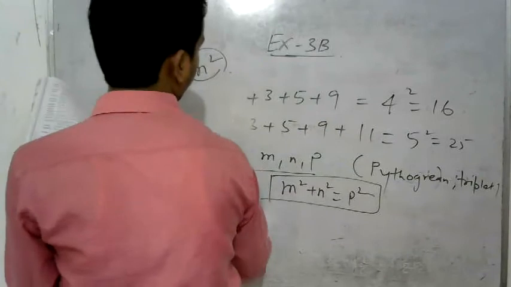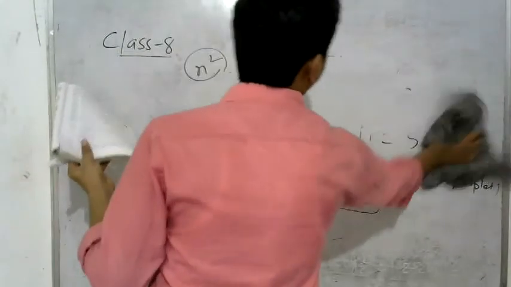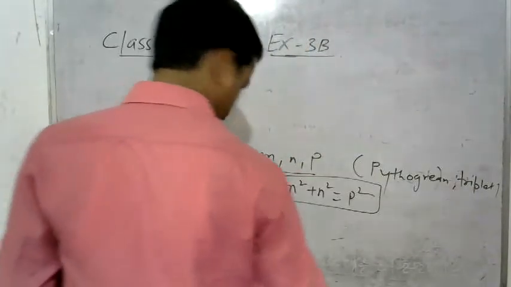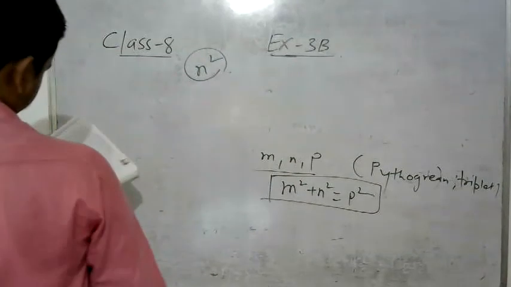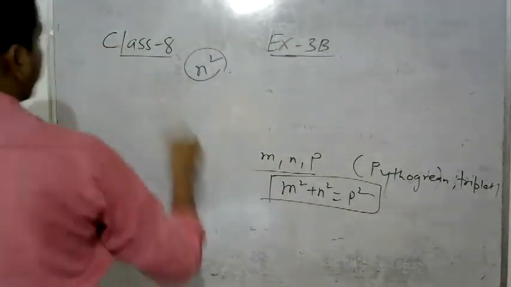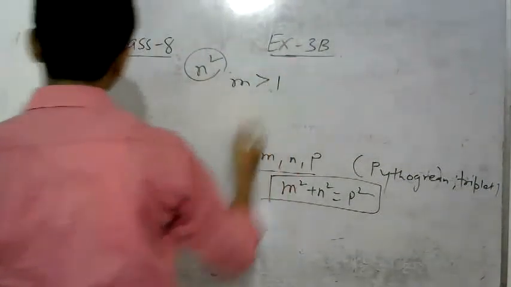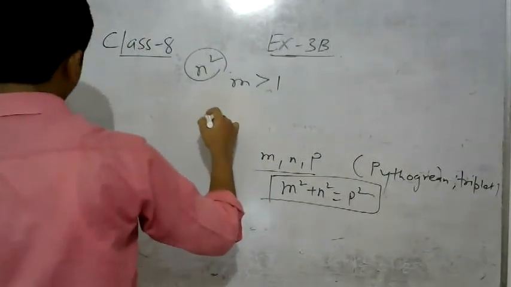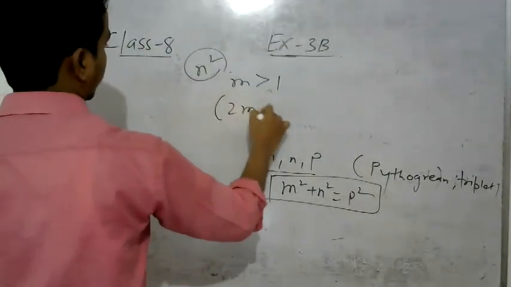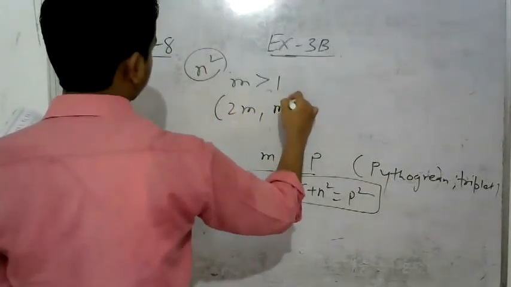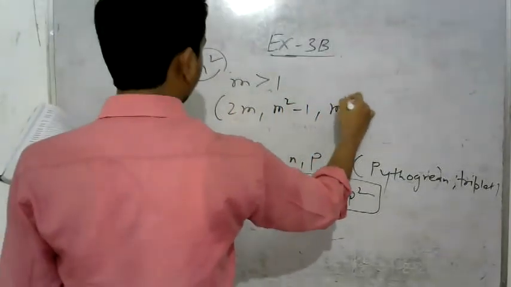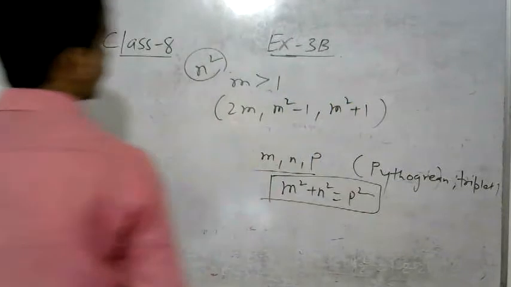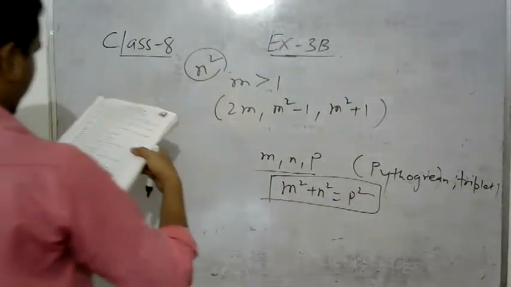So here is an important result. For m greater than 1, we can write 2m, m square minus 1 and m square plus 1 as a Pythagorean triplet.